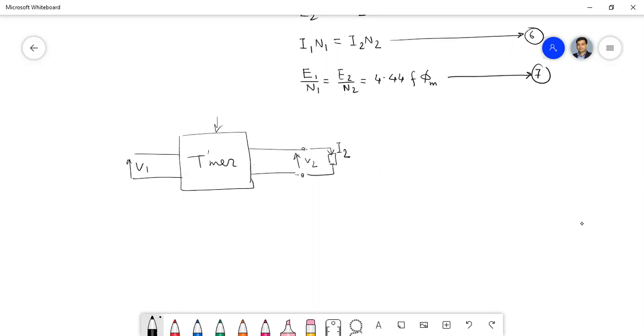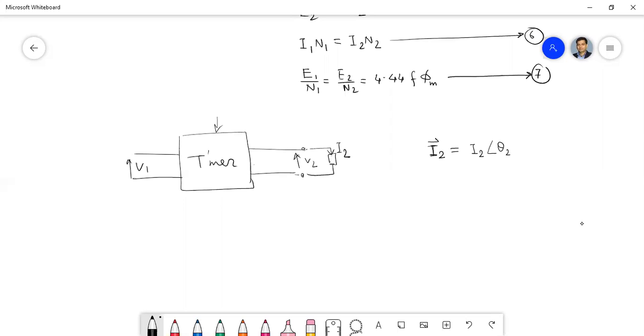The consumer himself or herself will decide how much current he or she will draw. So that means I2 is our independent variable, and as it is a phasor, it has two things. One is the magnitude, another is the phase.